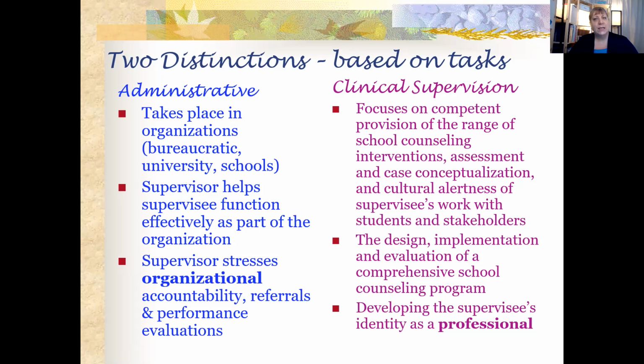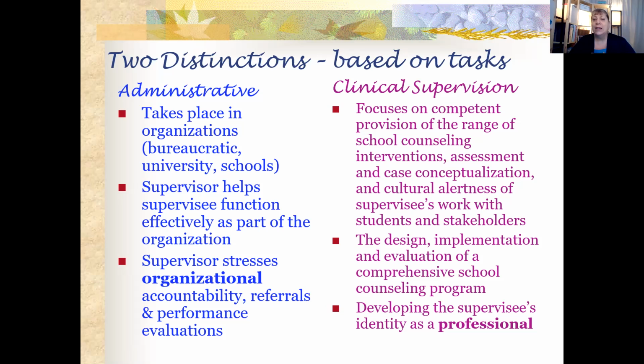What distinguishes clinical supervision from administrative supervision is competency. So clinical supervision is about focusing on the competent provision of a range of school counseling or professional counseling interventions, assessment, case management, cultural alertness of a supervisee's work with students or clients and stakeholders.